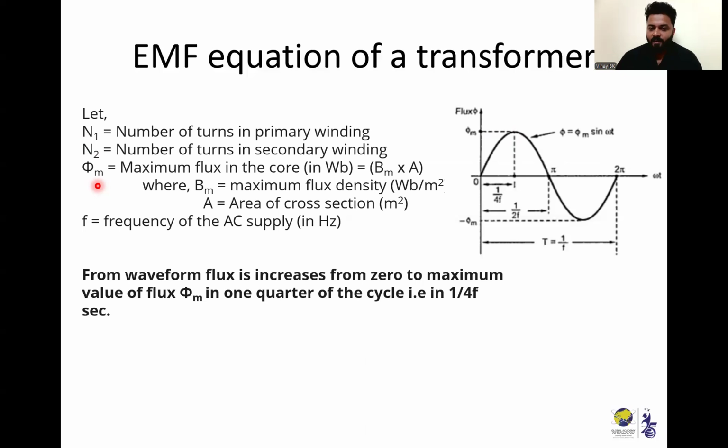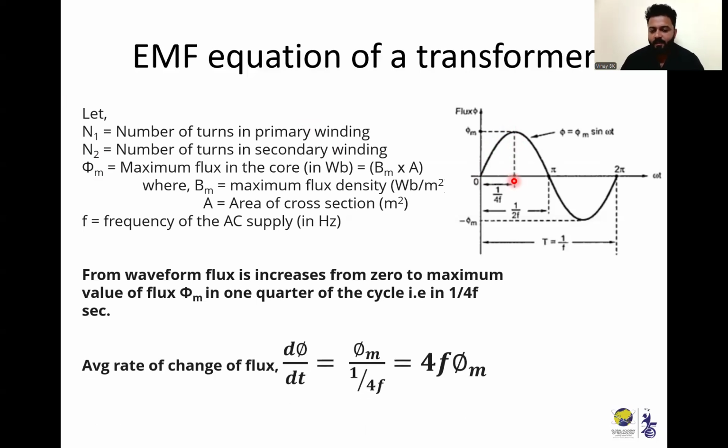Now from this waveform we can observe the flux increases from 0 to the maximum value of flux phi m in 1/4 of the cycle, that is 1 by 4 times T, that is 1 by 4f seconds.